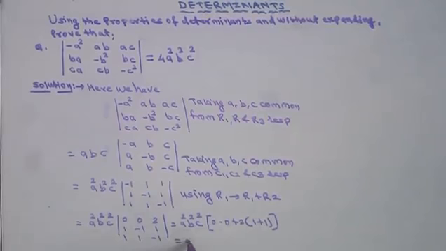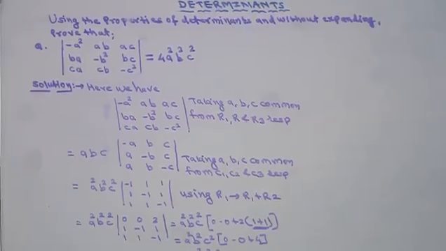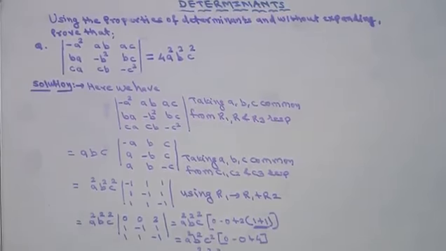So it is a square b square c square in brackets 0 minus 0, 0 minus 0, and this is 2. 2 into 2 is 4, so plus 4. So 4 into this, it is 4a square b square c square, that is the right hand side. So in this way we can prove these examples.